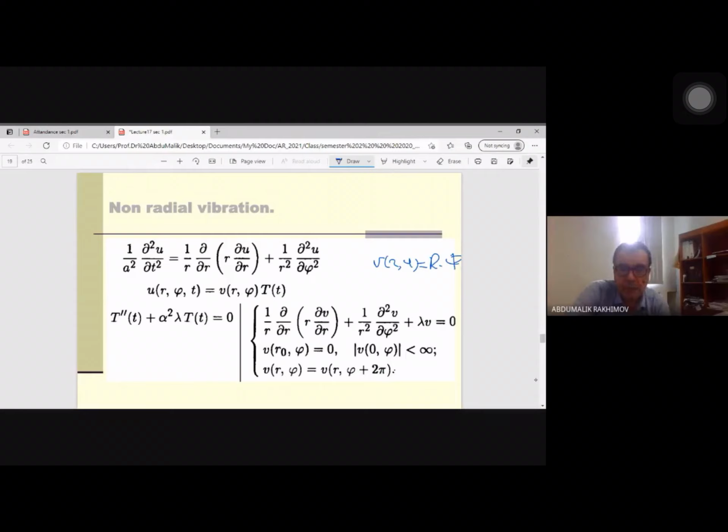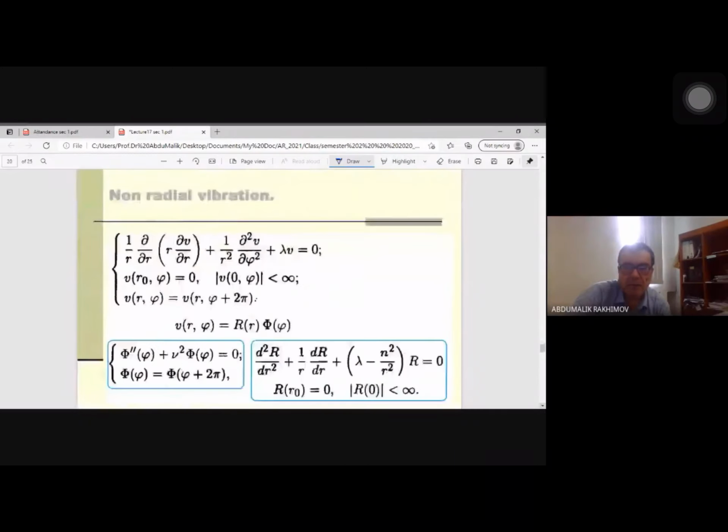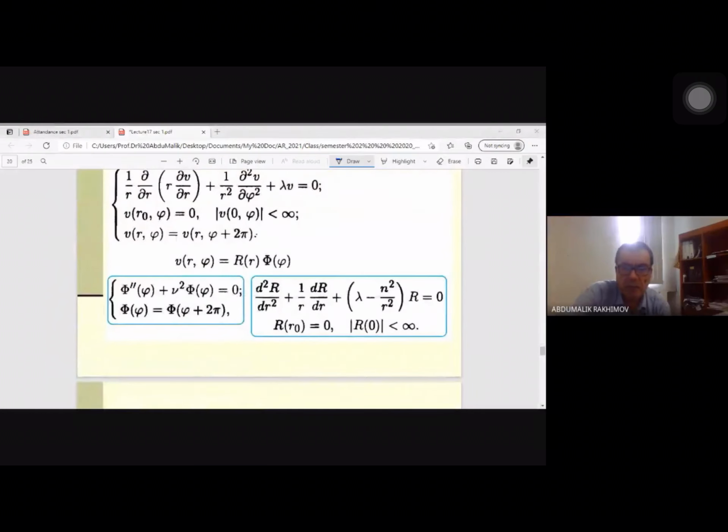For T it will be the same equation, as in lecture number 1. Then for V you get this equation. Then you can split V, because V is R times Phi, substitute, and when you split you get this equation for phi.